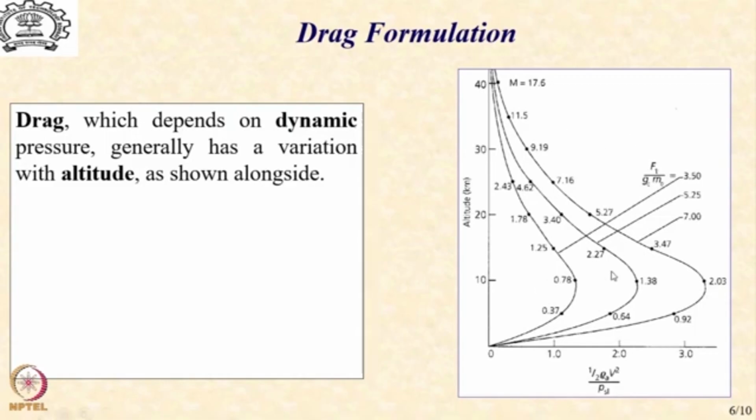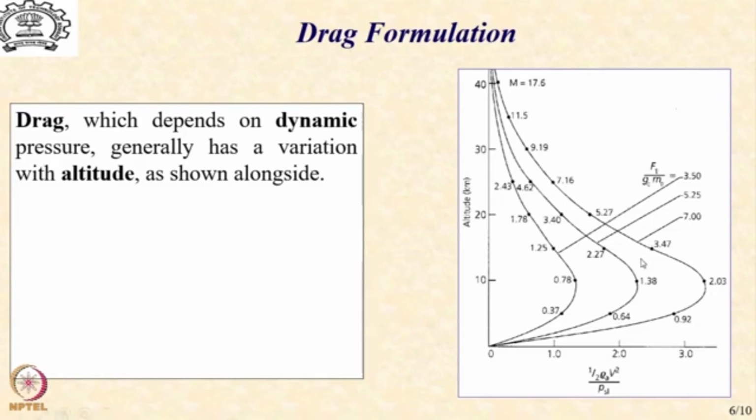The second point that we note is that the magnitude of the peak is a function of the amount of thrust to weight ratio that the rocket generates, which means that higher the thrust to weight ratio, higher is the peak that is generated, even though we see that the overall shape remains more or less the same.